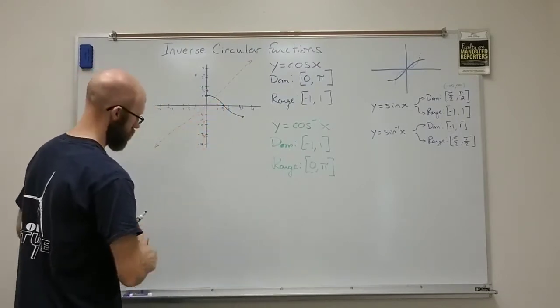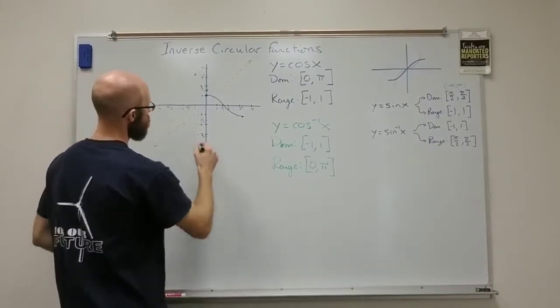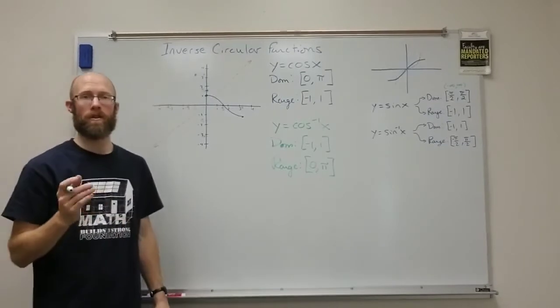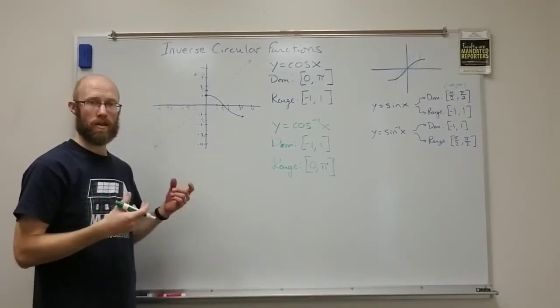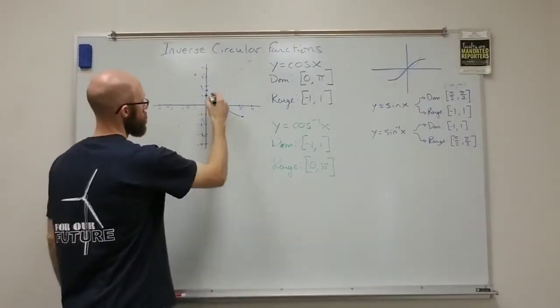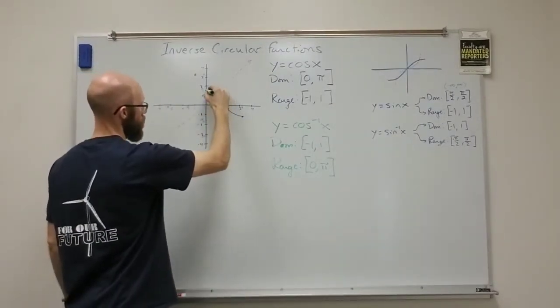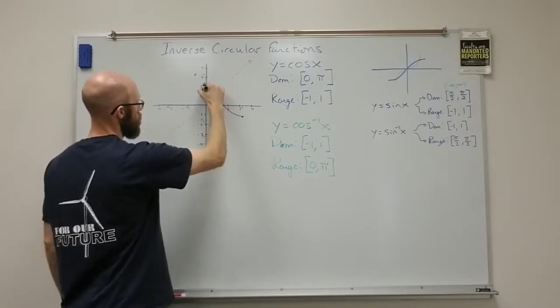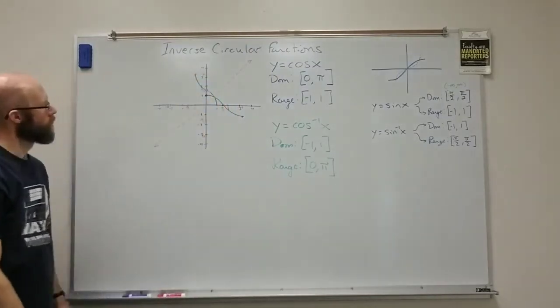Okay, so if I were to plot the reflection, one thing that's interesting about functions and their inverses is that if they intersect, they will intersect on the line y equals x. So I can tell that the graph will go out to the right there and back to the left there.